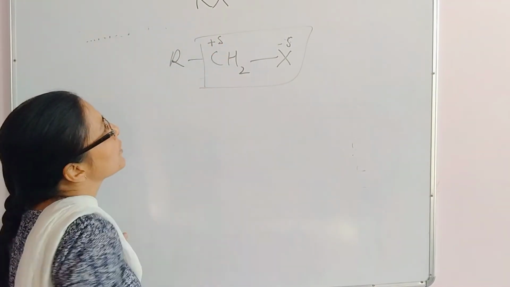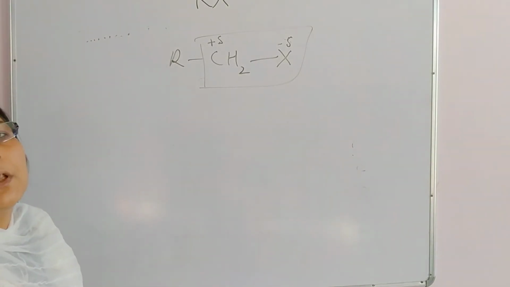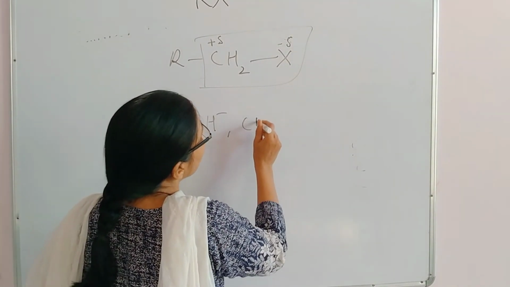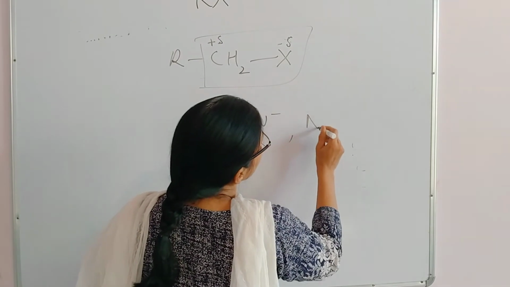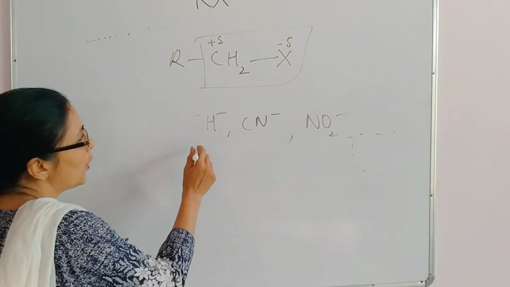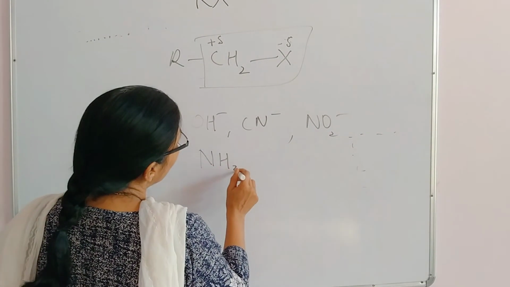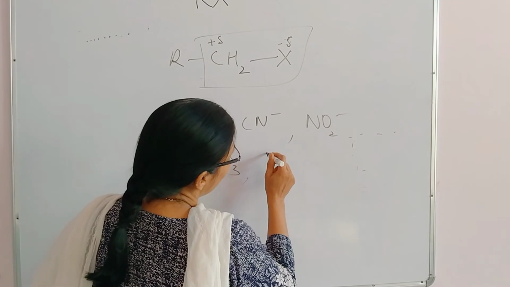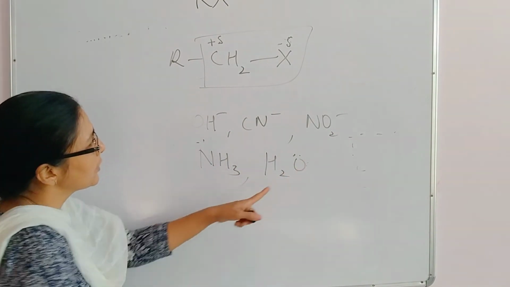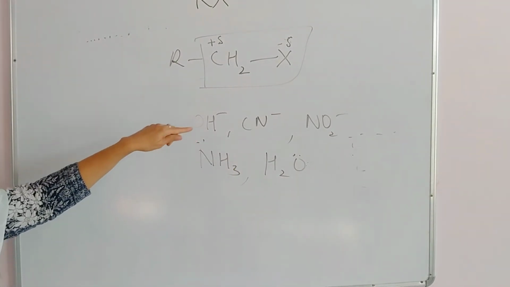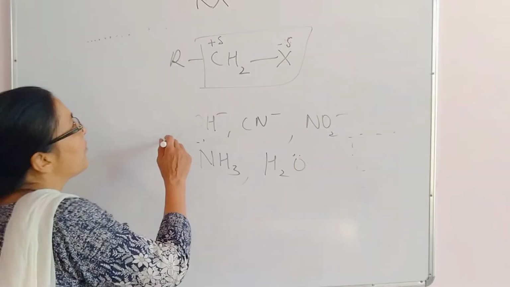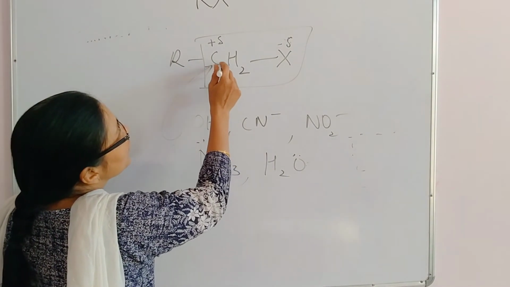As partial positive charge is here, all the negatively charged species, for example OH minus, CN minus, NO2 minus, and so on, or lone pair compounds like NH3 and H2O, will attack from this side towards the carbon atom.